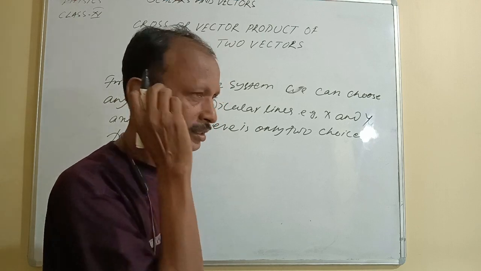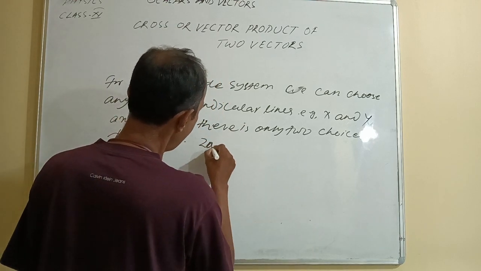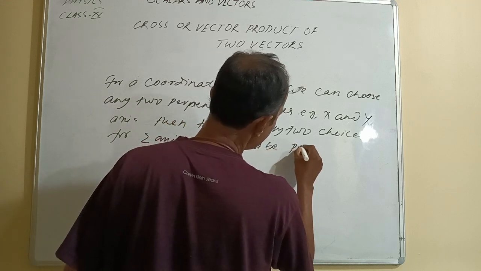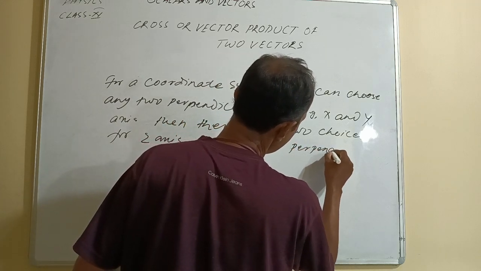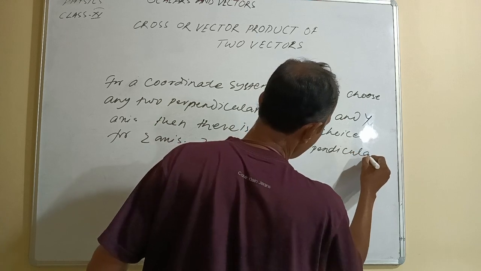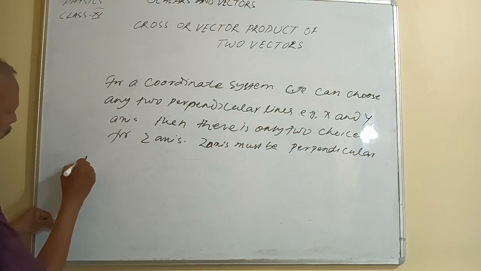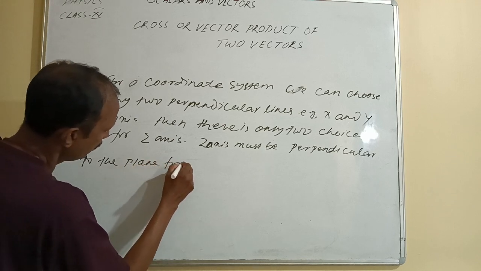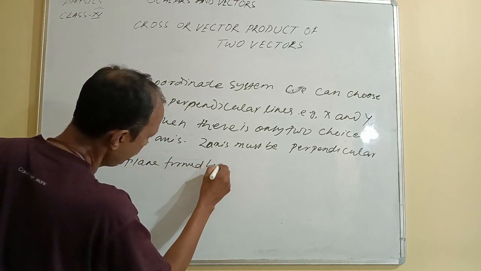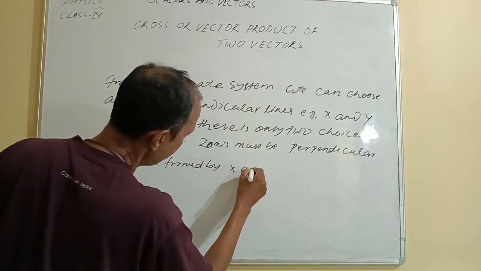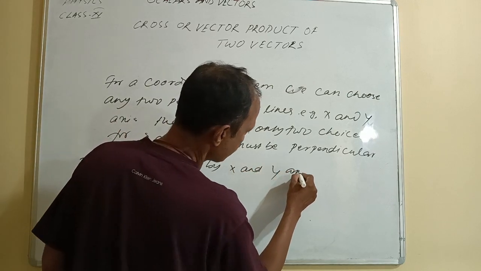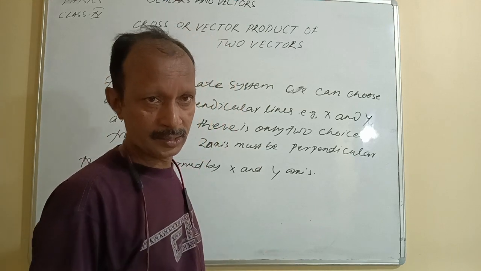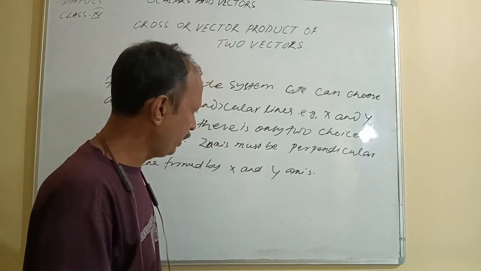But one thing is that z axis must be perpendicular to the plane formed by x and y axis. But for positive z axis, what are the two ways?